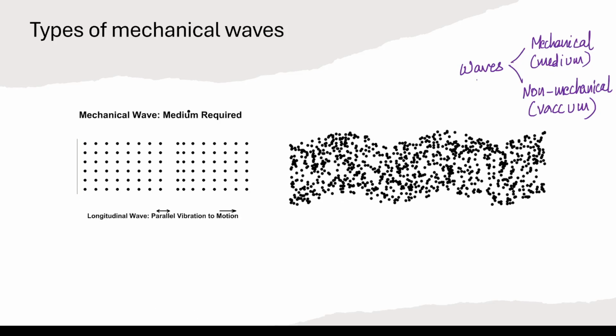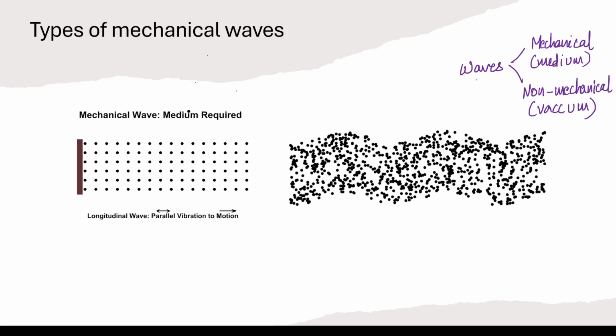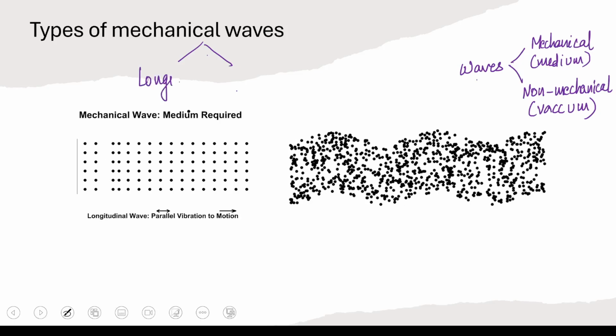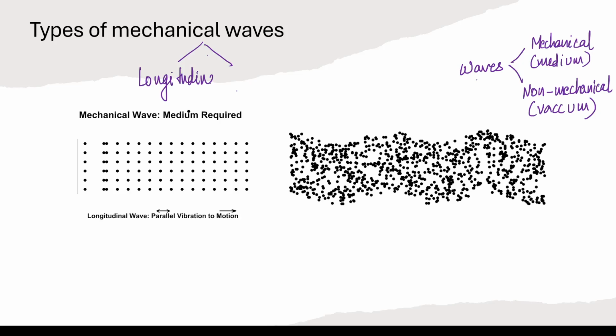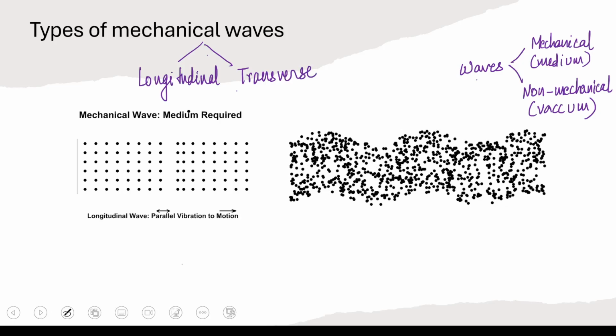Mechanical waves are the ones that need a medium. Now, mechanical waves are further categorized as longitudinal. You've done that in your GCSE again, but I'll just be going through it. And the second one is transverse. Now, what are they?